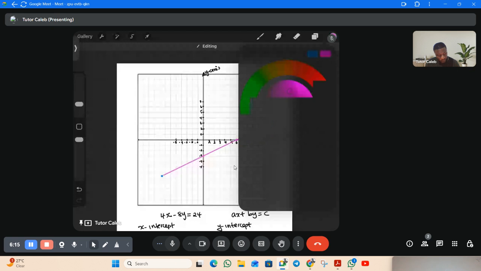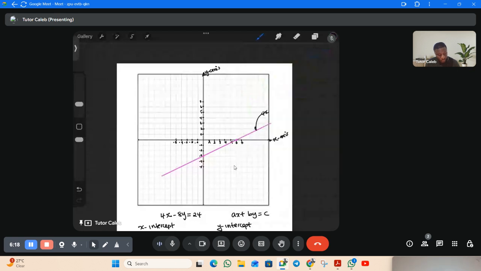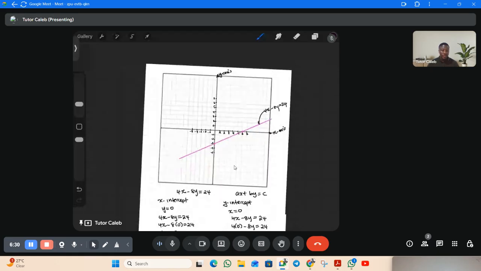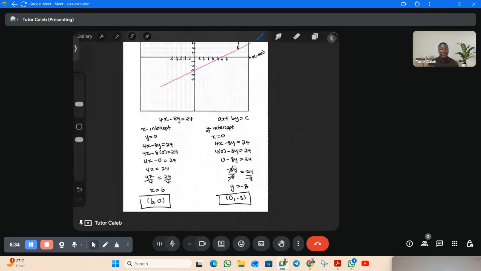So now this line is the line for the equation that was given to us, 4x minus 8y equals 24. This is how you plot a straight line. The first thing will be to find your intercepts. Find the x-intercept, find the y-intercept.